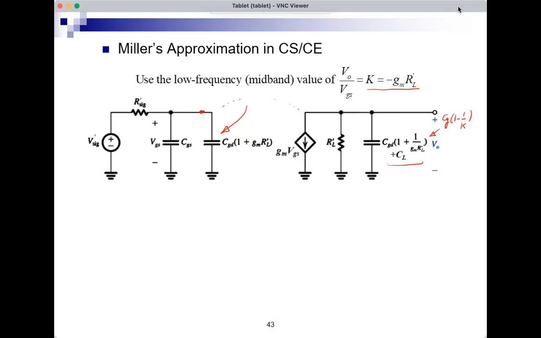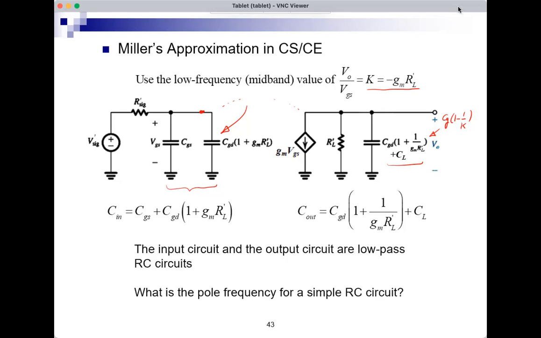All right. Of course, I can add these two, since they're now in parallel. I'll call this Cin, CGS plus CGD into 1 plus gm R'L. And at the output, I have CGD into 1 plus 1 over gm R'L, plus CL. So did the circuit become simpler? Well, the input circuit is now a low-pass RC circuit with a resistor R'sig and a capacitor equal to Cin.